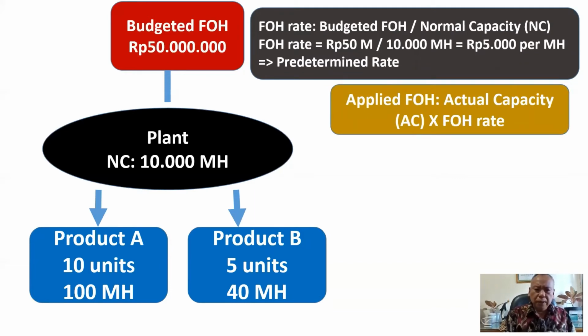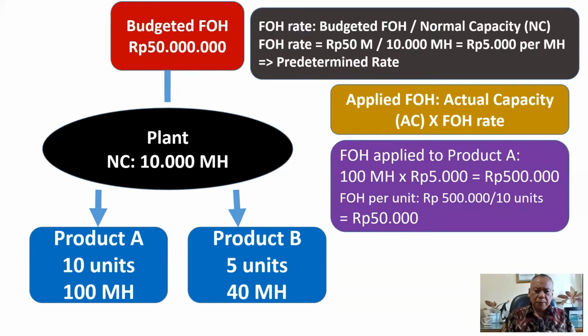the factory overhead cost to each kind of product by multiplying actual capacity times the factory overhead rate. So, for example, for product A, factory overhead will be applied to product A because to produce 10 units of product A, it takes 100 machine hours.